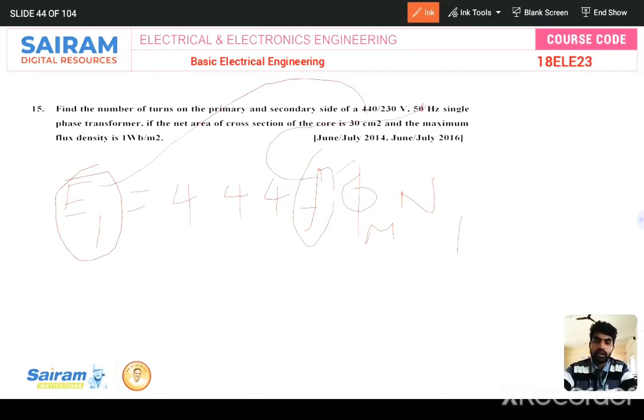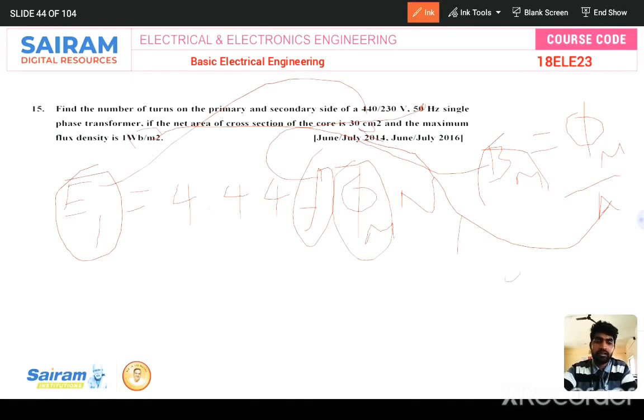And flux we don't know. How do you calculate flux? What about the formula of flux density? Bm is equal to flux per unit area, right? Bm is already known, that is 1 Weber per meter square, and area is 30 centimeter square. Just substitute, you will get the value of phi m.